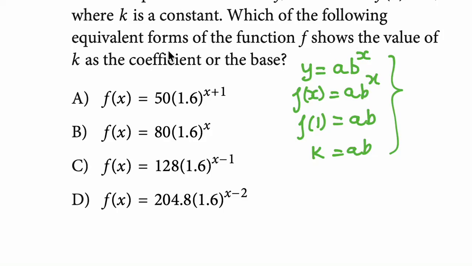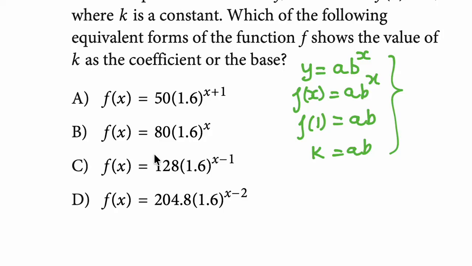Which of the following equivalent forms of the function f shows the value of k as the coefficient or the base? See, you must have seen this question many times in the SAT exam. First, let's understand what is the meaning of this. So you have to choose an equation.